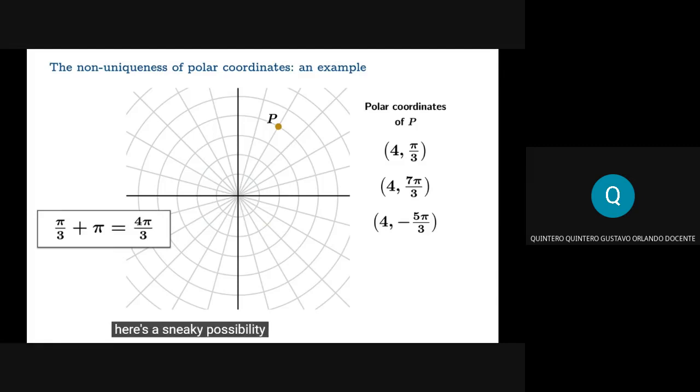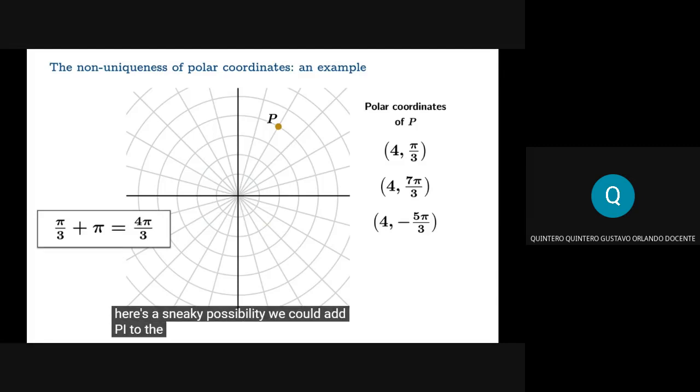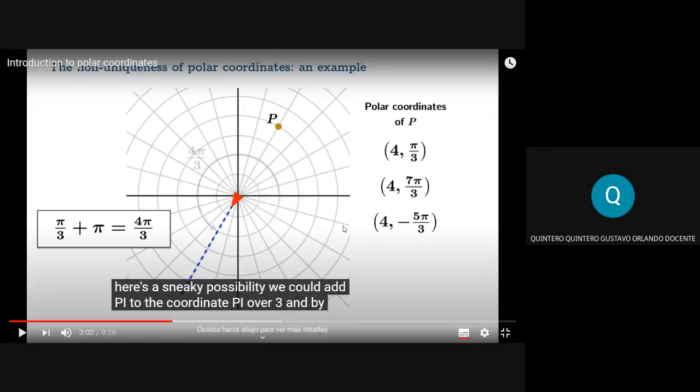Here's a sneaky possibility. We could add π to the coordinate π/3. Did you see what happened? All right. By doing this angle, 4π/3, these are just random angles that the guy is giving. The guy decided to measure 4π/3.